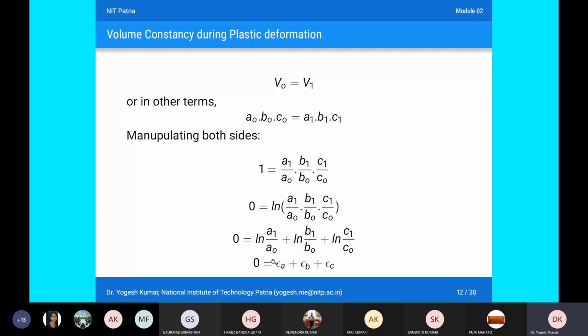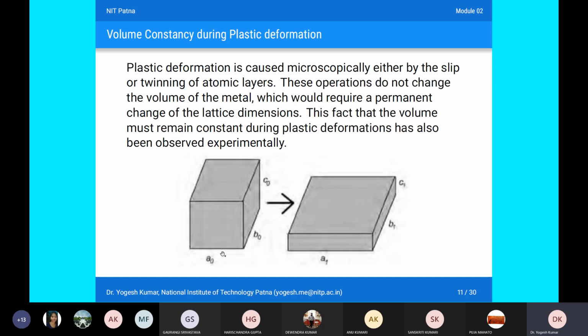When we are considering volume constancy, the dimensions, suppose it is A, B, C, you can say length, width, and height, or X, Y, Z. This may be the XY plane, then Z is your height, C0 is your height.